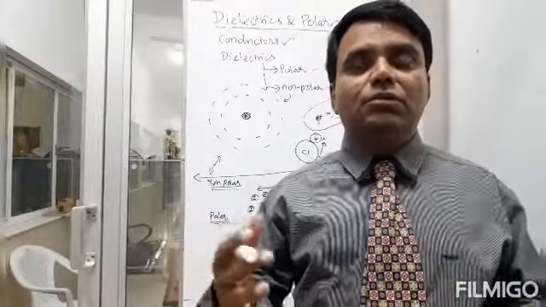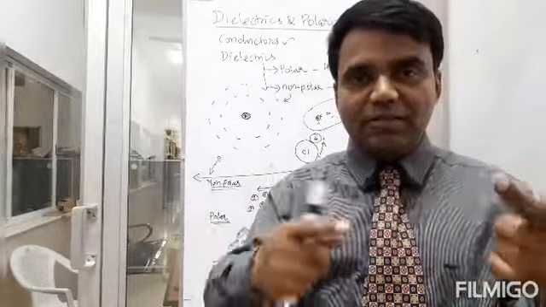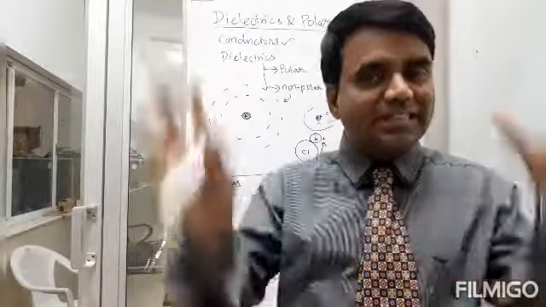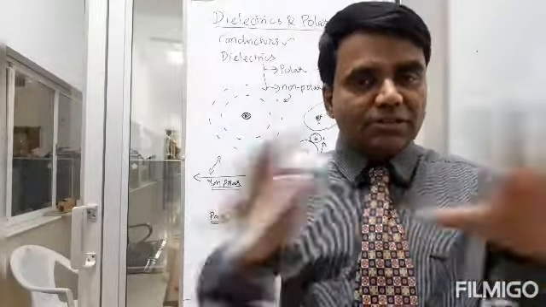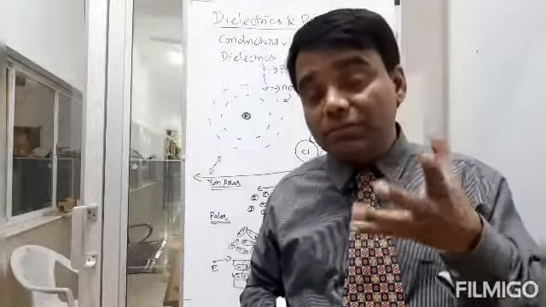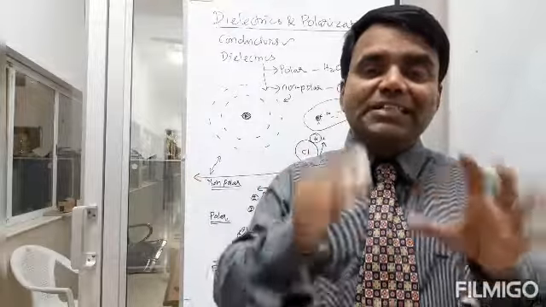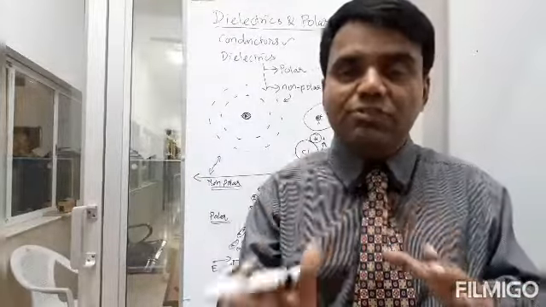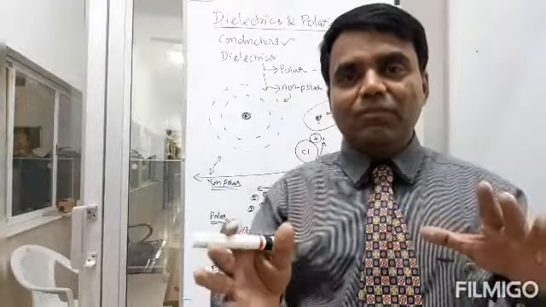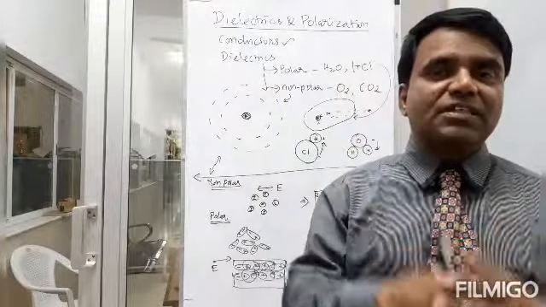I will tell you how it happens. So just keep this in mind: in the case of a conductor, the field inside is 0 when you subject it to an external electric field. In the case of a dielectric, the field inside is not 0, but it is reduced. Okay? I'll draw the pictures for that now, so that you can understand it better.